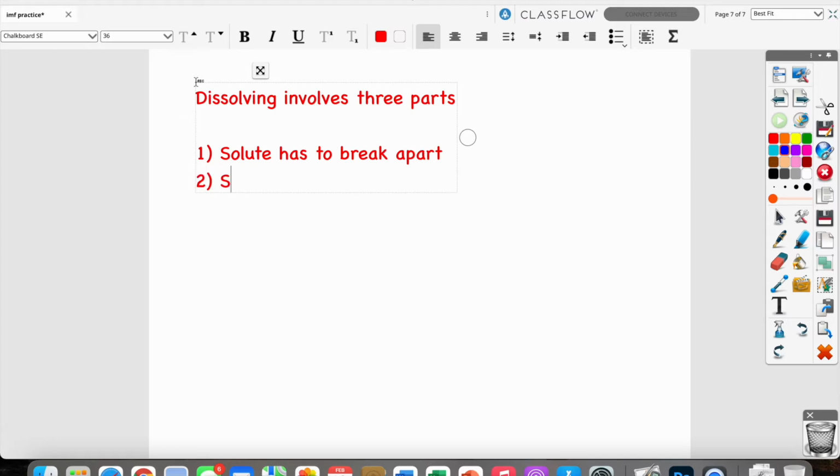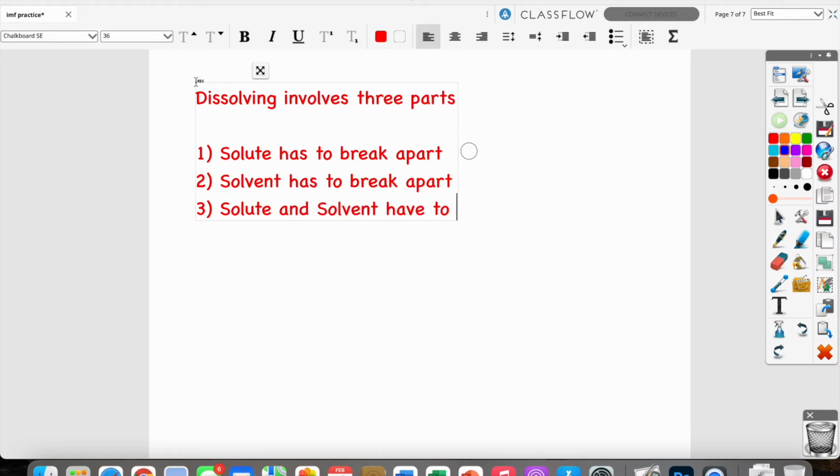Similarly, the solvent has to break apart also. And the solute and solvent have to mix, or I guess attract each other.